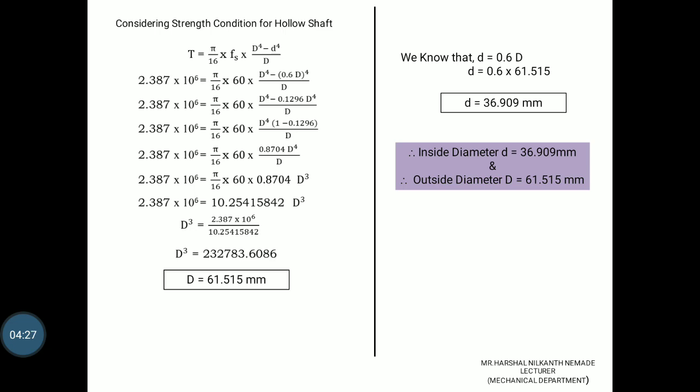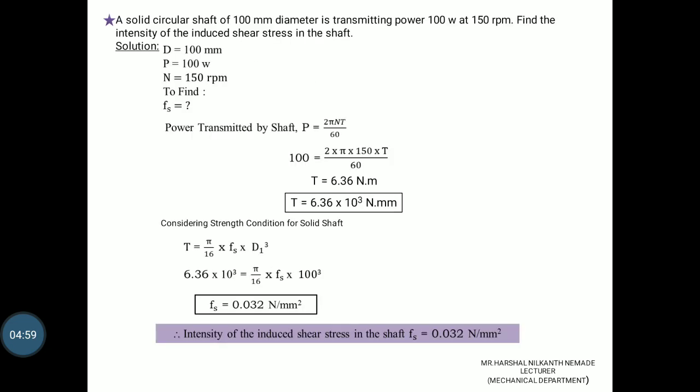After getting the value of capital D, I will substitute in the given condition, that is small d is 0.6 times capital D. So small d is equal to 0.6 multiplied by 61.515. I will get small d value, that is 36.909 mm. Therefore, inner diameter is 36.909 mm and outer diameter is 61.515 mm.